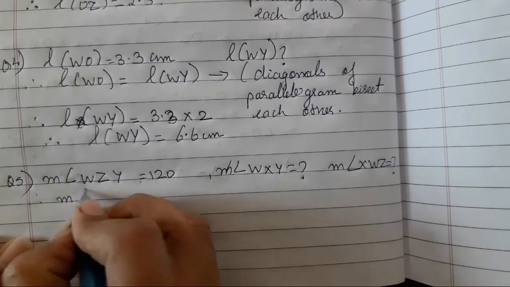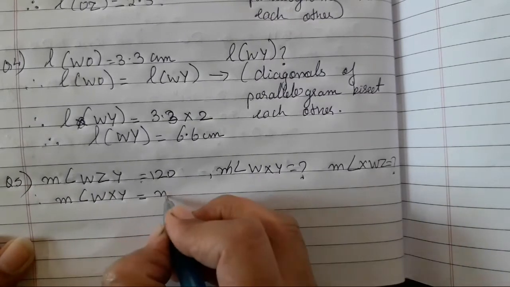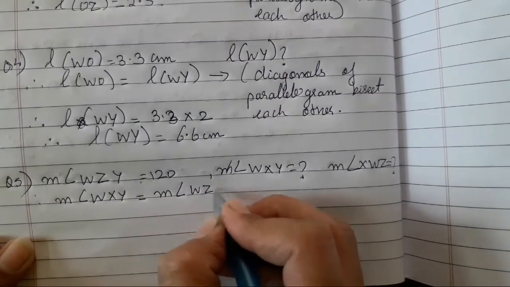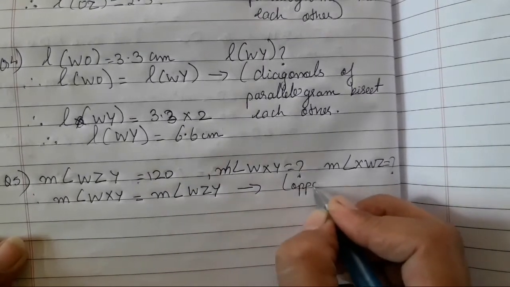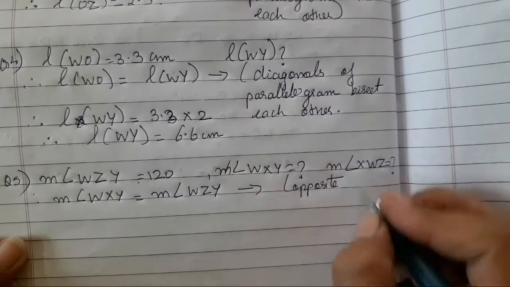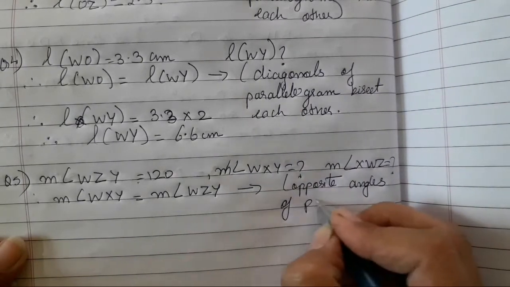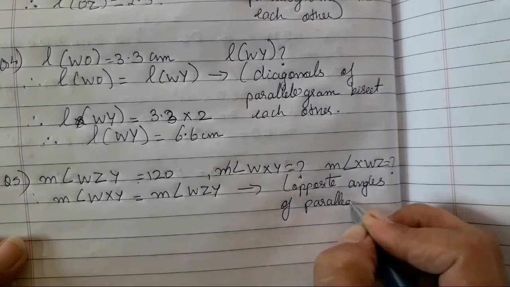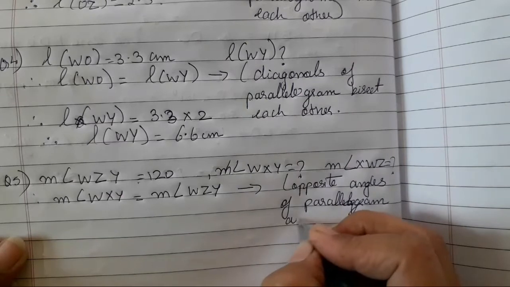Therefore, measure of angle WXY is equal to measure of angle WZY, and the reason is opposite angles of parallelogram are equal.